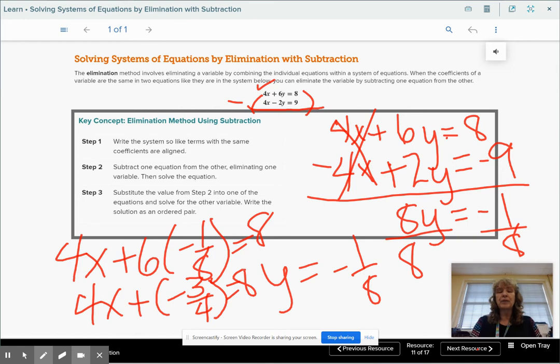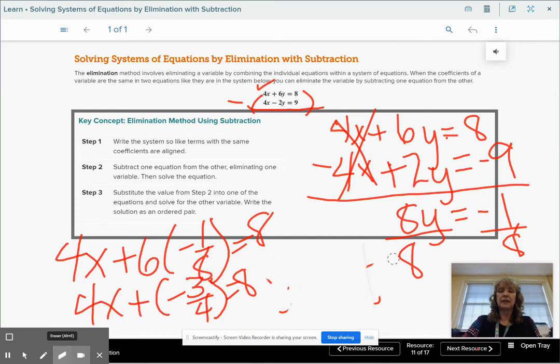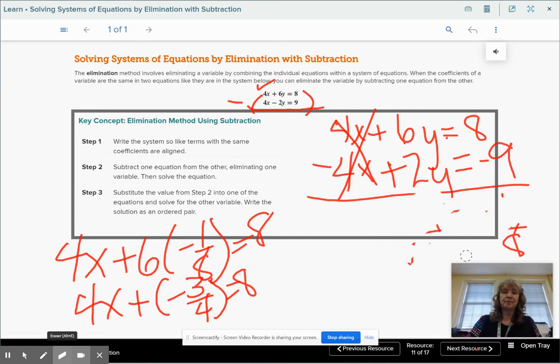Then I'm going to add 3/4 to each side. Let me erase some of this stuff here so I have some room. So I'm adding 3/4 to each side, so I'm left with 4x equals 8 and 3/4.